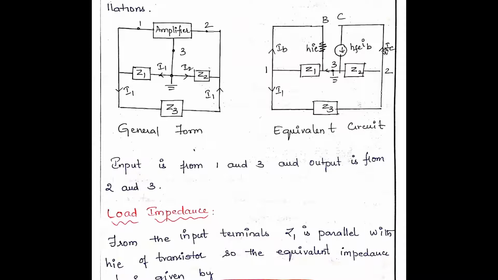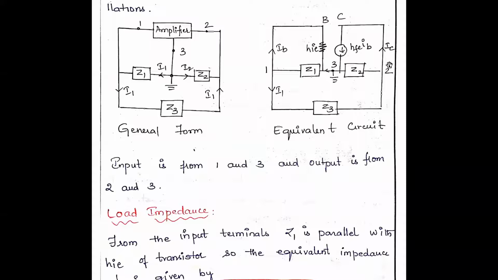Like here, we have used logic. The current in the anti-clockwise direction is HFE, so the current entering terminal 2 is minus HFE. The impedance between 2 and 3 is these four impedances Z2, Z3, Z1, HIE, together named ZL, and the current flowing through ZL is minus HFE.